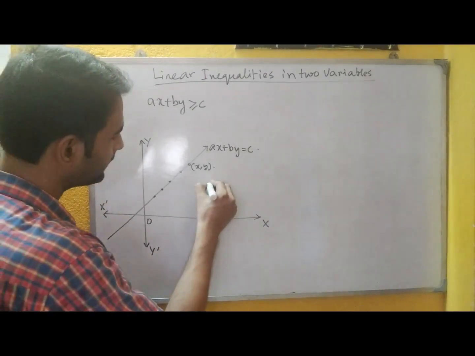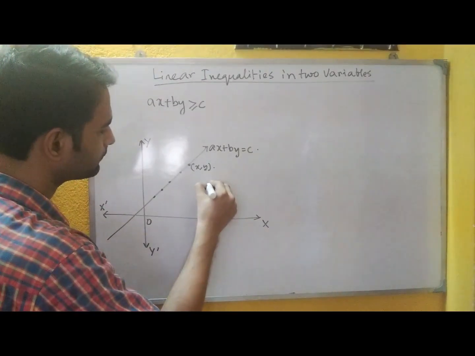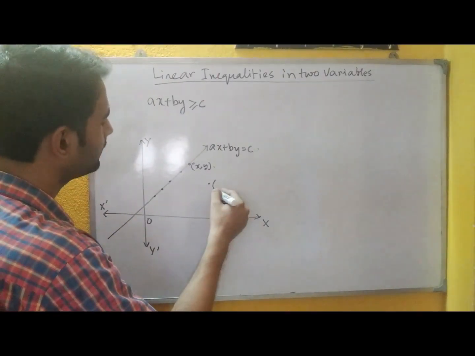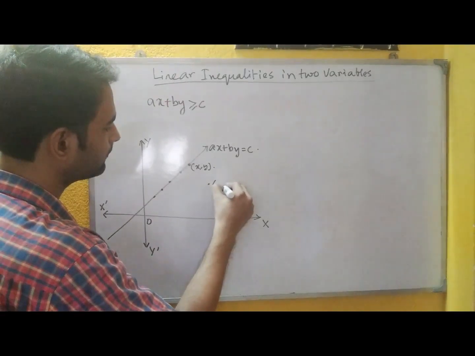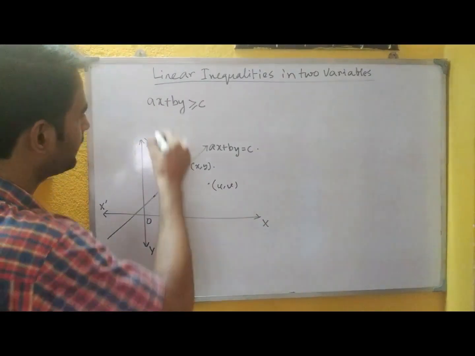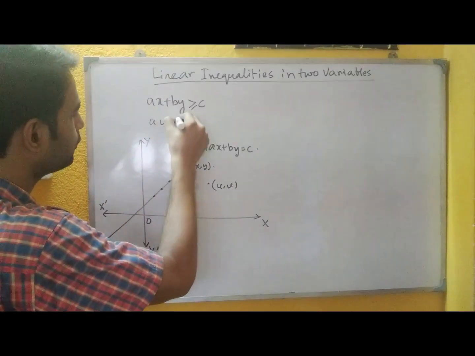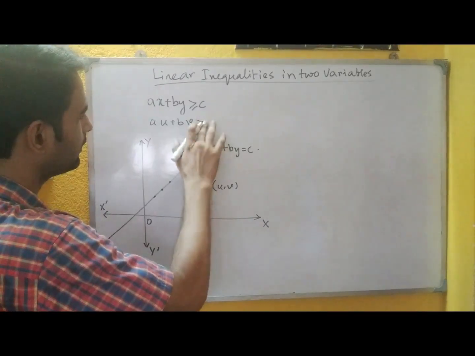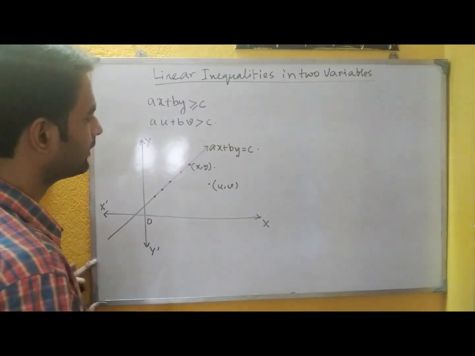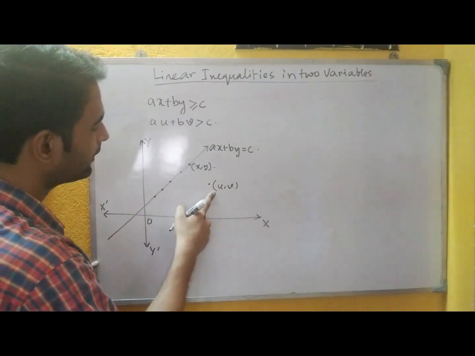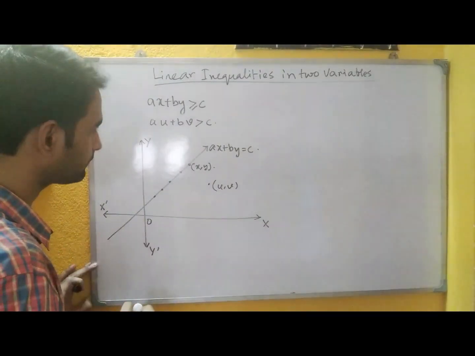Suppose we take a point here, say (u, v). If we put u and v instead of x and y and the inequality comes out greater than c, then we can say that this point (u, v) is in the solution set.